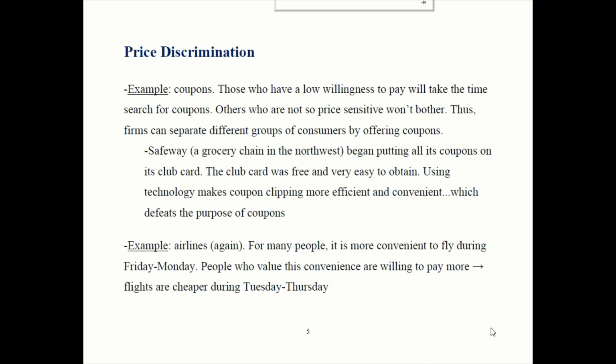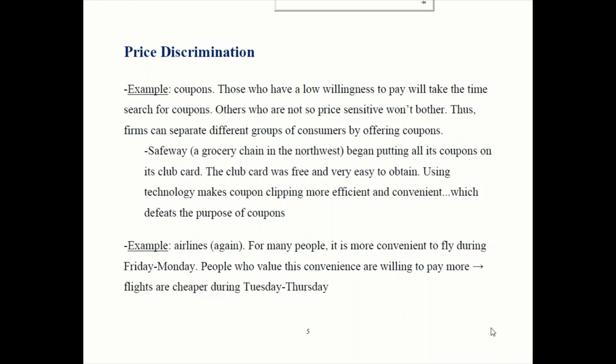So to sort through all that mail you get and find out which coupons are applicable for which times and for what kind of goods you're buying, that takes time. Now, if you have a low ability to pay and low willingness to pay, then you think that's worthwhile. So someone who's low income, for example, might take the time to go and do that.